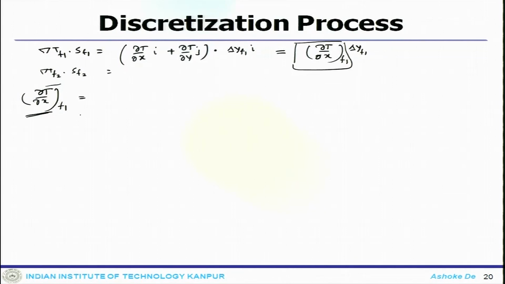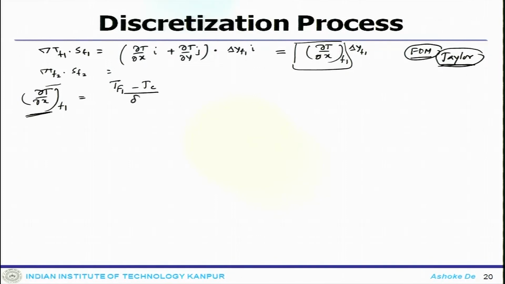Towards the end of this lecture we will also discuss how we find them, and the derivative calculation is exactly similar to how you do it in the finite difference method, using the Taylor series expansion.